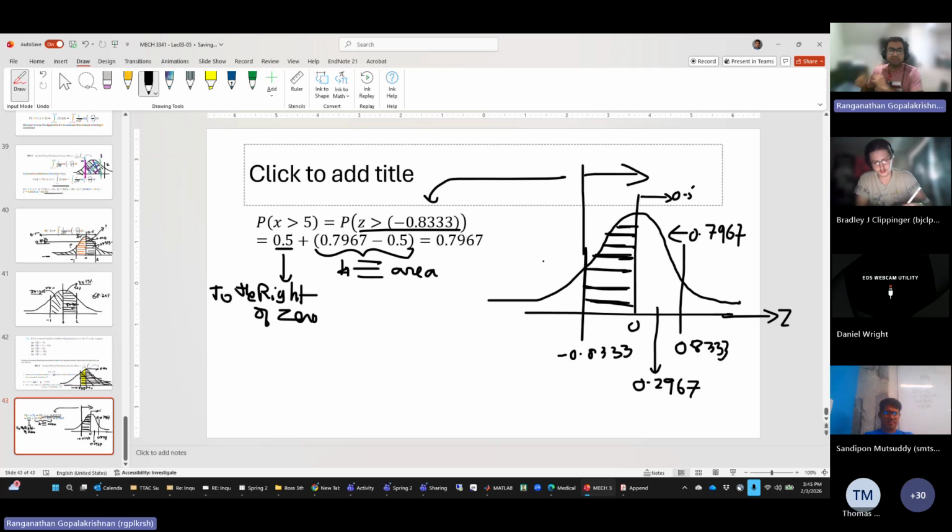Yes. Okay. All right. So this is easy. This 0.5 we already have. It's like asking what's between minus 0.83 and 0. Now, one thing you have to remember is symmetry. If you take this line as a vertical hinge, you can take that horizontal shaded area and just flip it 180 degrees like a page of a book. So this area is exactly the same as the area between 0 and plus 0.83.